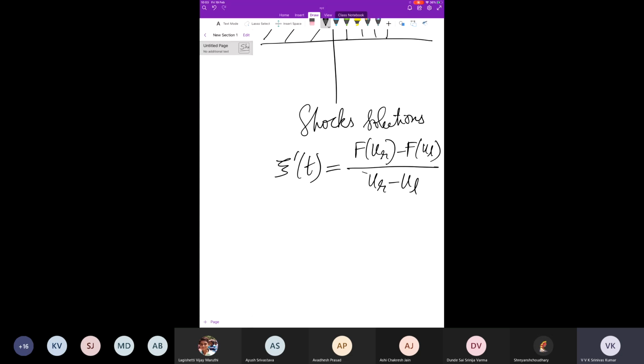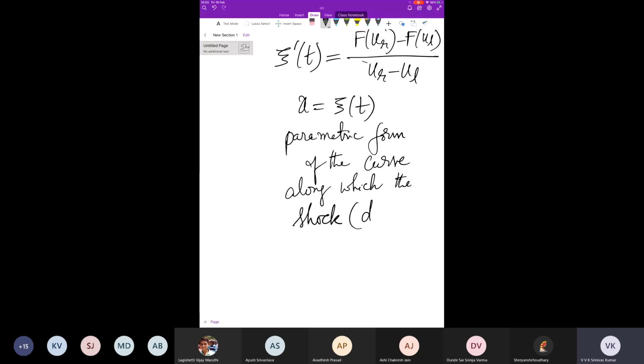This is nothing but the parametric form of the curve along which the discontinuity propagates.